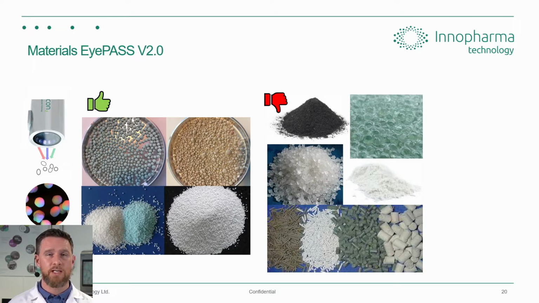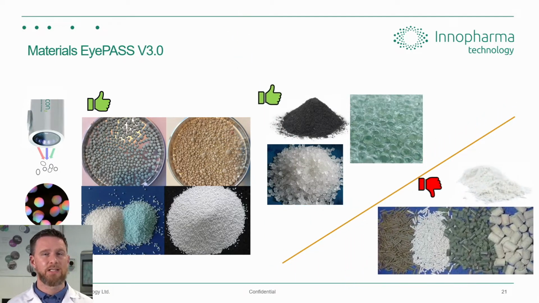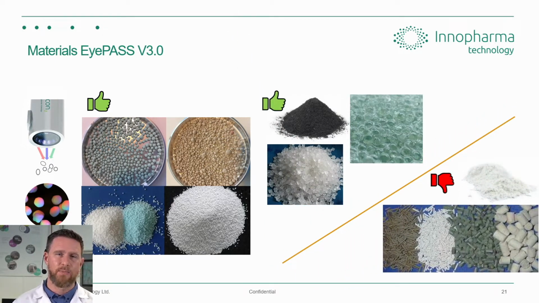Thankfully, with version 3 and using these machine learning methods, we can now actually extend the amount of materials we can measure with the EyePASS system. So we can measure materials that are either of a dark body or are shiny or crystalline or slightly see-through. Materials that would still be considered out of bounds or not measurable by our particle sizing system will be materials that don't flow, and that's the white material shown here.